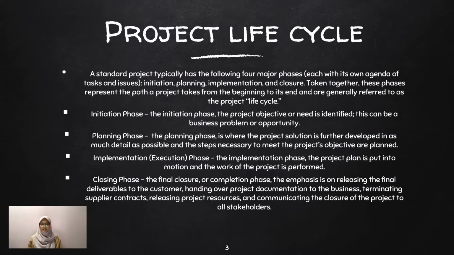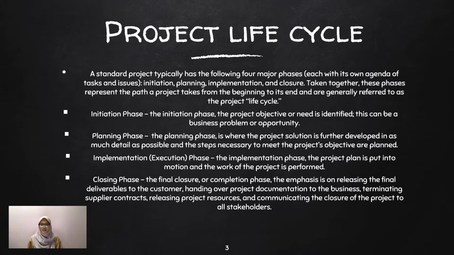Project life cycle. The project manager and project team have one shared goal: to carry out the work of the project for the purpose of meeting the project objective. Every project has a beginning, a middle period, during which activity moves the project toward completion, and an ending, either successful or unsuccessful.